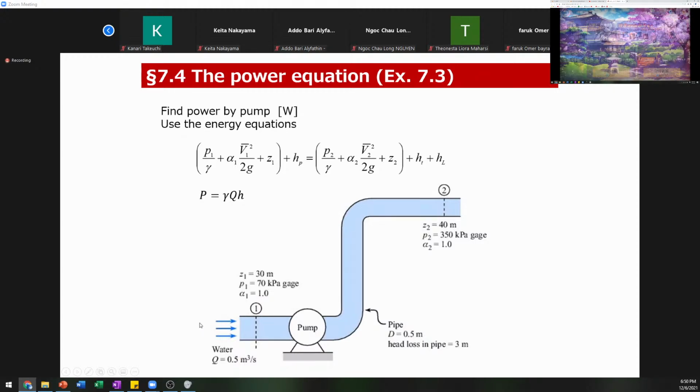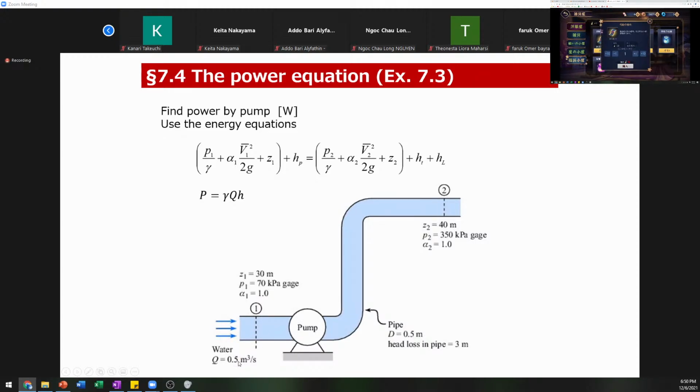The water comes from the entrance, and there's a pump, and the Q is 0.5 meter cubed per second. And the height is 30 meters, and the pressure is 70 kilopascal gauge, and alpha 1 is equal to 1, which is a uniform flow.